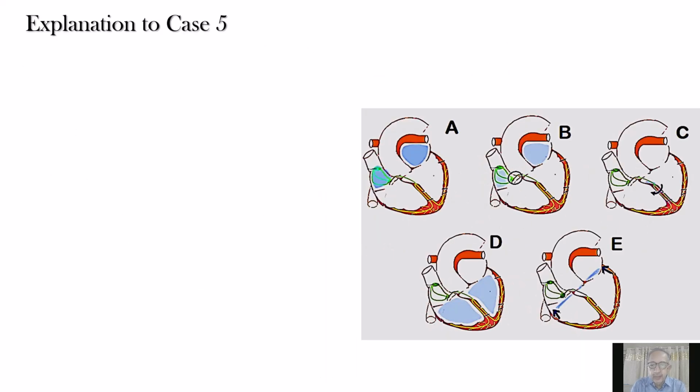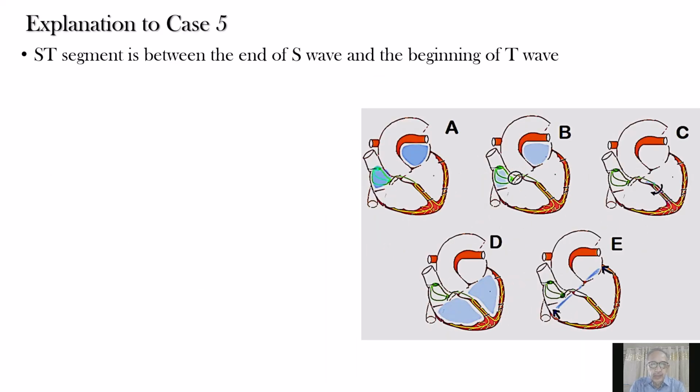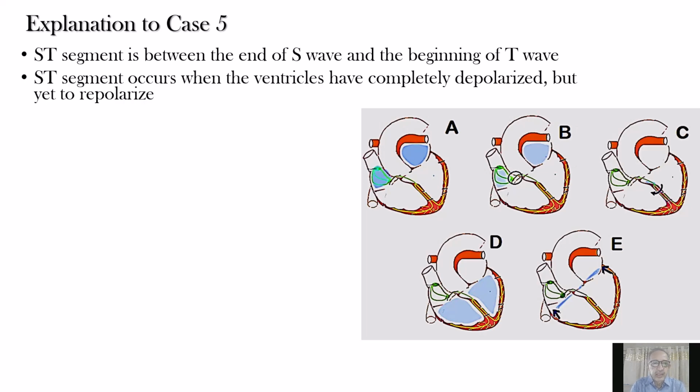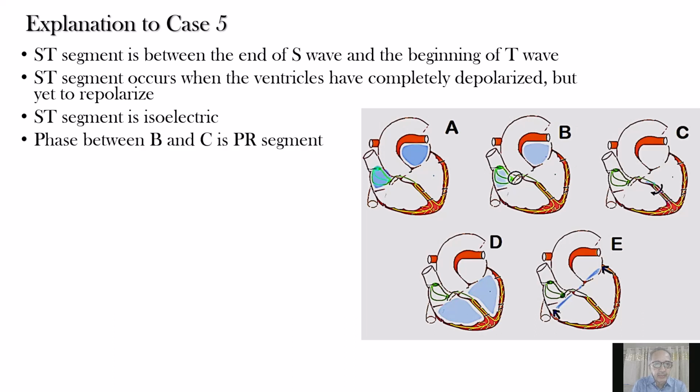Well, let us see the explanation to this answer. The ST segment is between the end of the S and the beginning of the T. The ST segment occurs when the ventricles are completely depolarized but yet to repolarize. The ST segment is isoelectric. There is no electrical activity shown in the ECG, a flat, straight segment. The phase between B and C, as I told, is the PR segment. Between A and C is the PR interval.